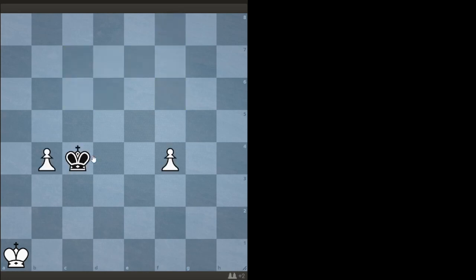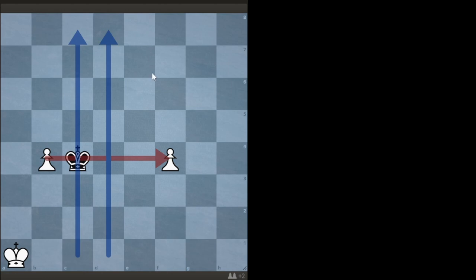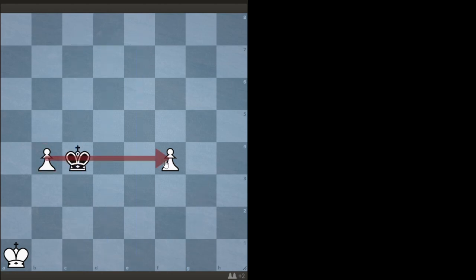And what happens if the pawns are a little bit more separated, this time by 3 files? If the pawns are more separated, the most important thing is not the separation of the pawns, but rather whether the pawns can create the square that touches the last rank, and the second condition, whether the king can capture the pawn immediately.